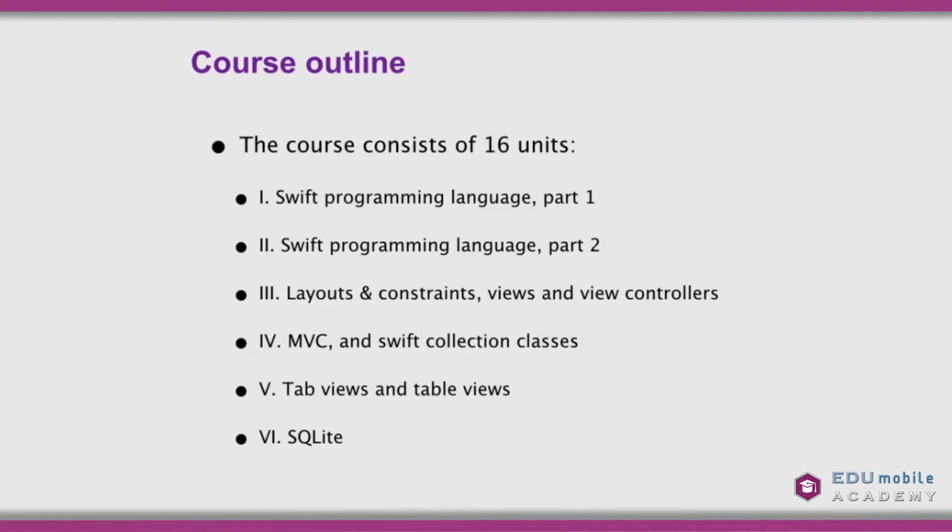The first two units, of course, are about the Swift programming language. Swift is a new programming language from Apple. It is object-oriented. It is the programming language that sort of obsoletes C and Objective-C from the standpoint of Apple's mobile devices and, of course, also on OS X. When I say sort of, Objective-C is still a viable language.